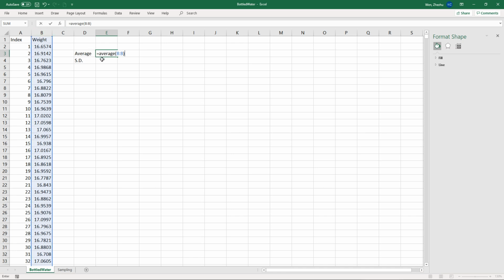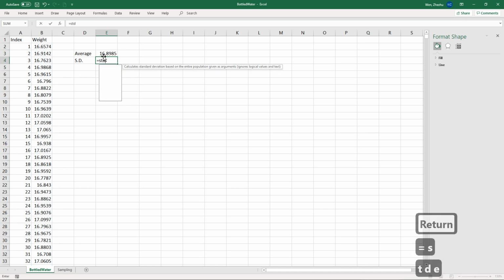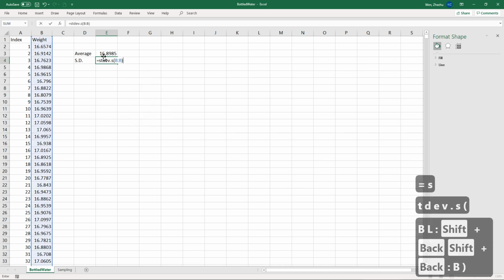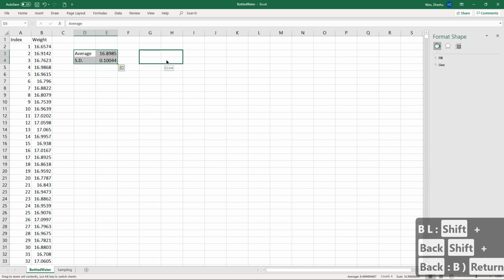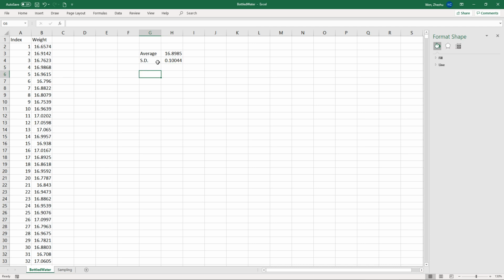If there's anything else involved in column B, you cannot use this way to get the average. It is the same with the standard deviation, STDEV.S, B to B. As you can see, they're pretty close. However, the standard deviation is 0.10.